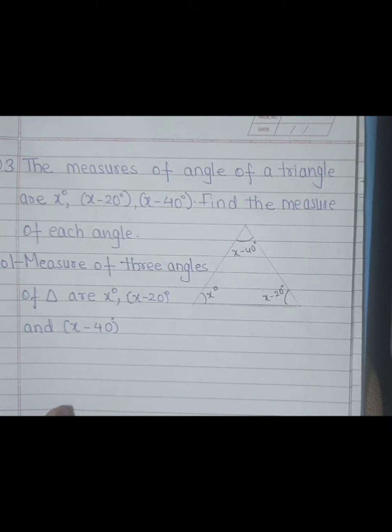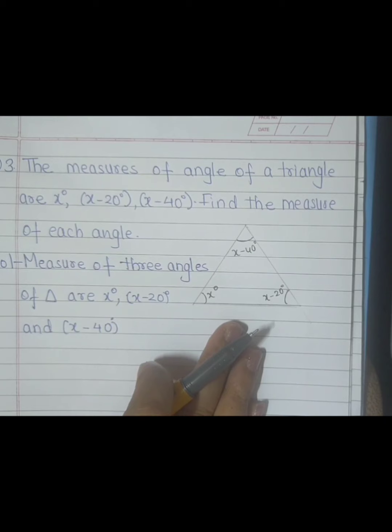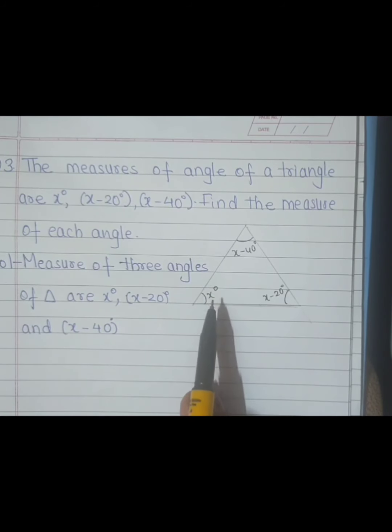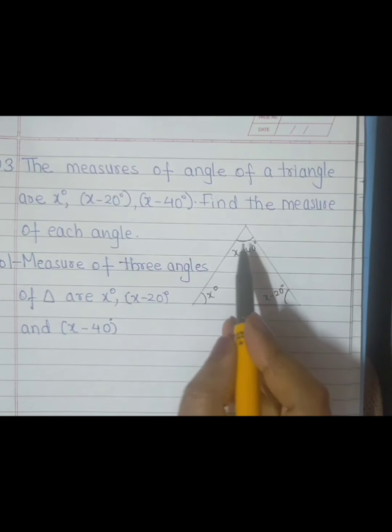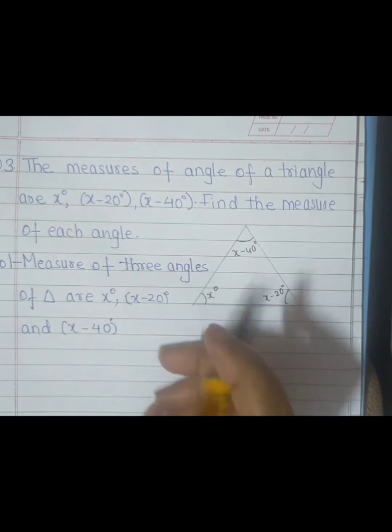So these are the 3 angles we have. We have to find the degree of each and every corner of the triangle.